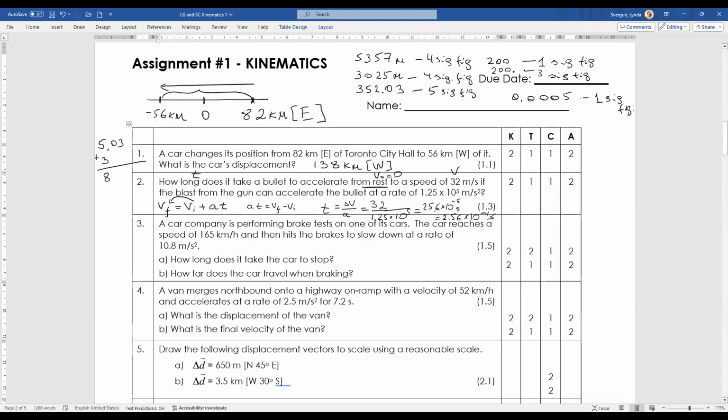Like 3 is least precise. 5.03 was done up to hundredths precision. So the final answer should have the least amount of decimals after the dot. We keep the less precise at the end.